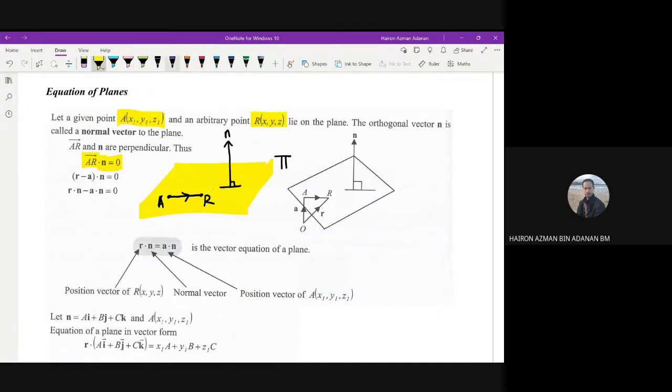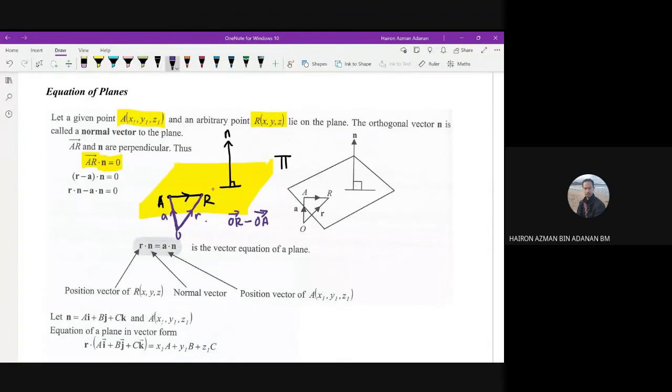To get the vector AR, the idea is from position vectors. OA, I denote as vector A. OR, I denote as vector R. So to get the vector AR, it means going from A to O and then continuing to R, so R minus A. In other words, OR minus OA.